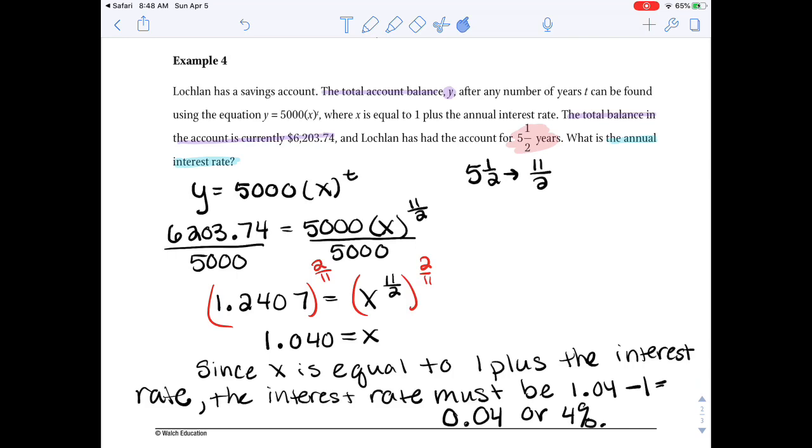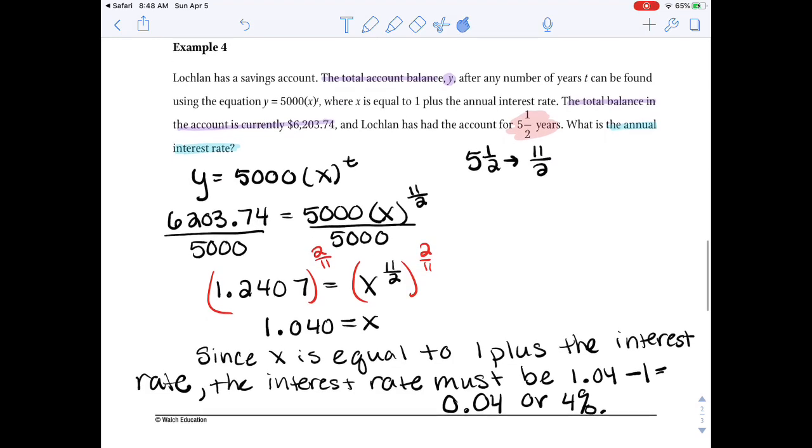So all we had to do was subtract 1 from that number, which gave us 0.04 or 4%.